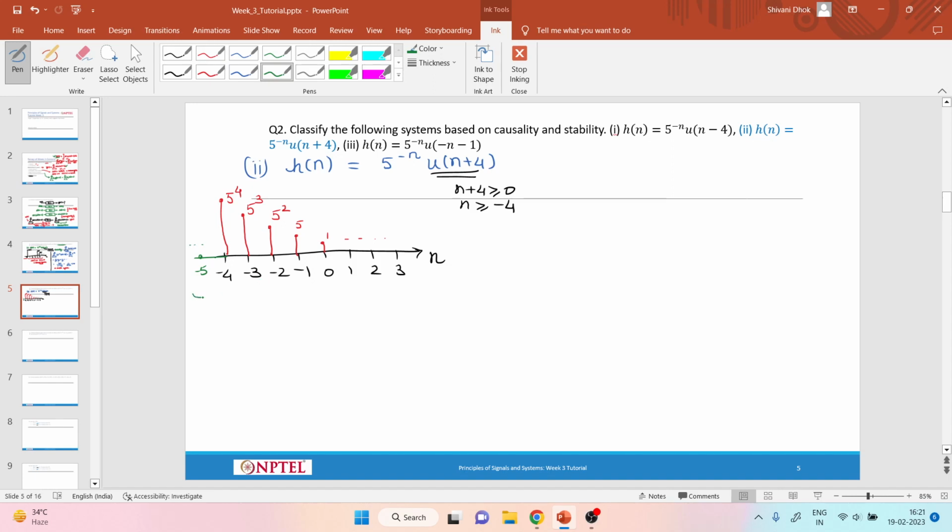So if we observe this range, my h of n is not equal to 0 for some n, that is n equal to minus 4, minus 3, minus 2, minus 1, and therefore it is a non-causal system. So this system is a non-causal system.